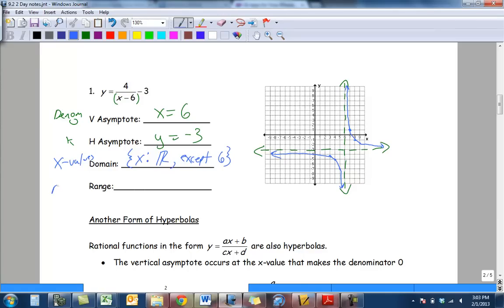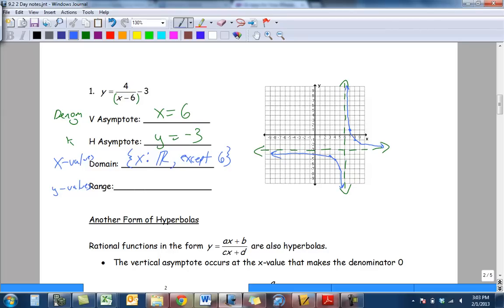Our range is the y values. So looking at y, we're looking at y here. Everything up has numbers on this graph, except then there's an asymptote at -3, right? Does the blue line ever touch at -3?